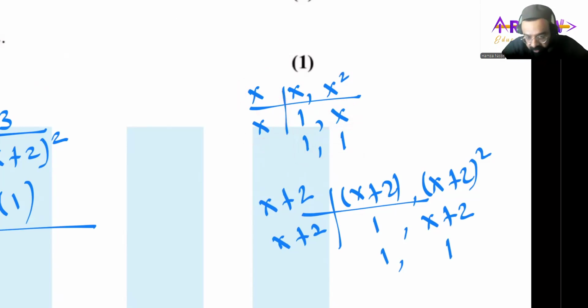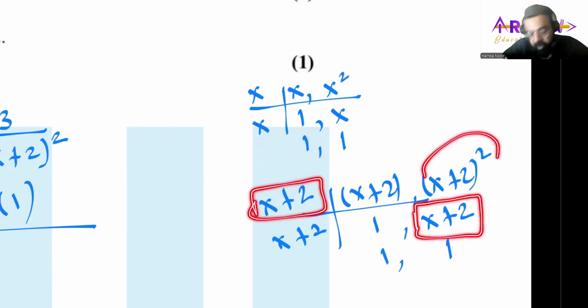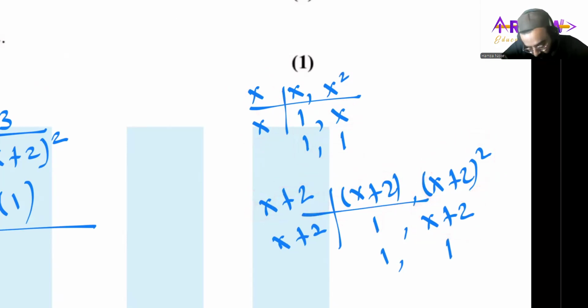Now, in the very same way, if you want to find the LCM of x plus 2 and x plus 2 whole squared, x plus 2 into 1 will give you x plus 2. However, x plus 2 multiplied by x plus 2 will give you x plus 2 whole squared. And then 1 will come as it is underneath 1.